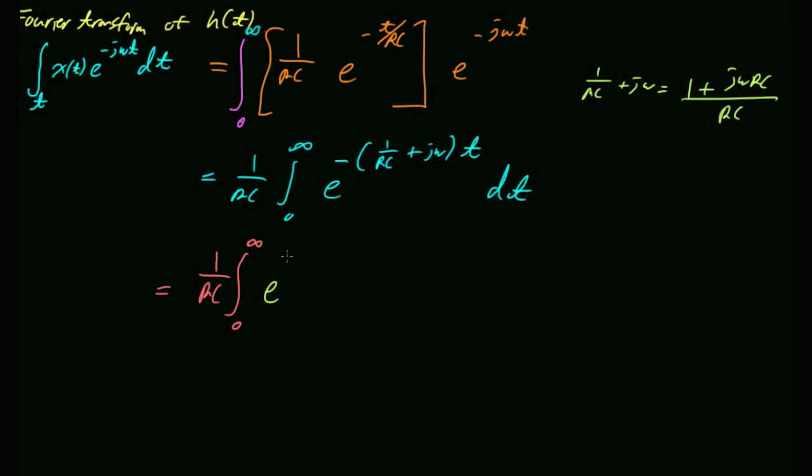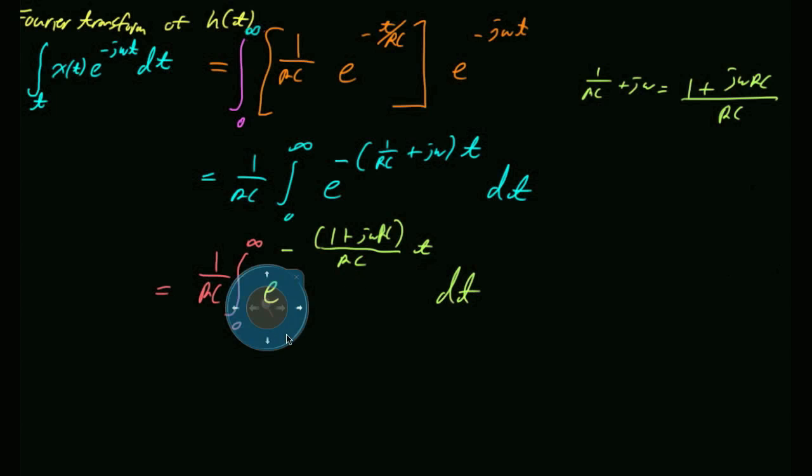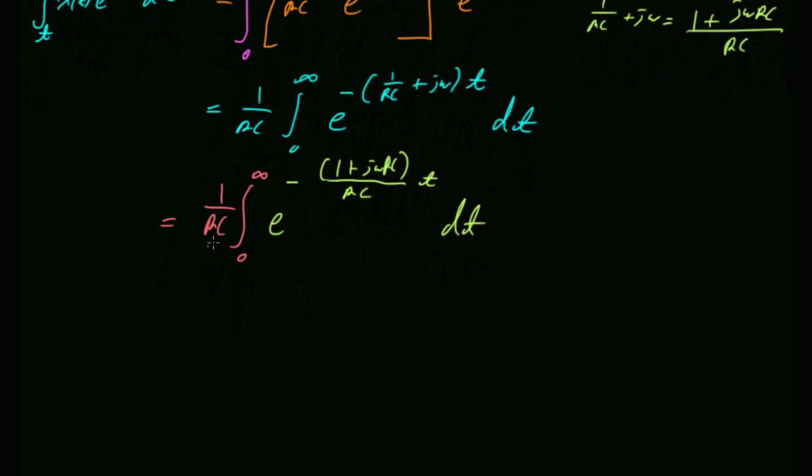Okay, so now I'm ready to integrate. So I've got my 1 over RC. That's this 1 over RC. And now I've got minus 1 over a. So that's going to be minus RC over 1 plus j omega RC.